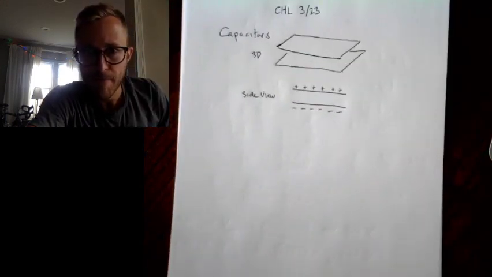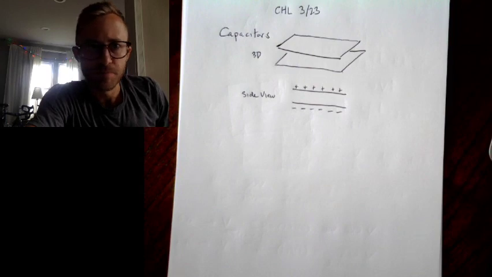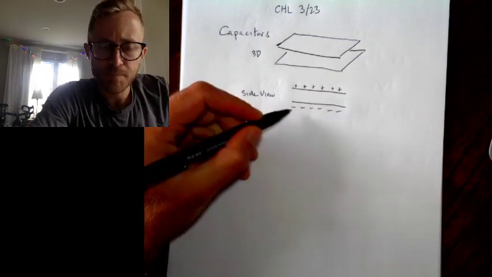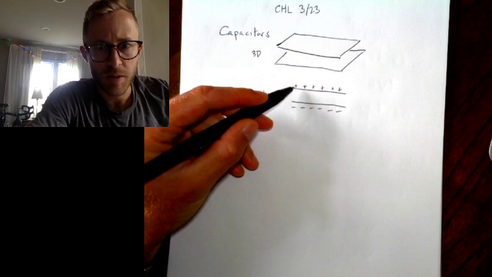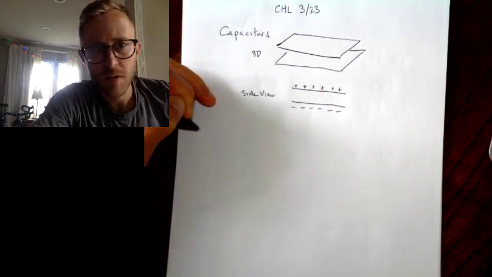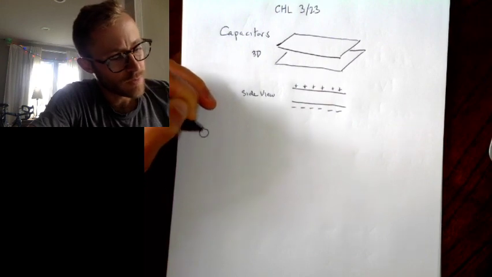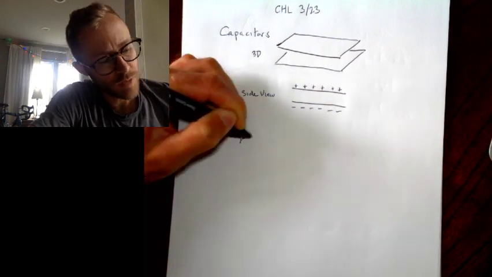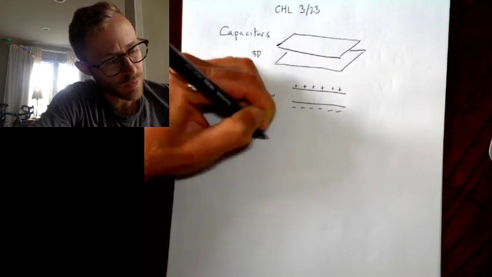So there's an equal and opposite amount of charge on the opposite plate. Q is equal to the charge on the positive capacitor plate.